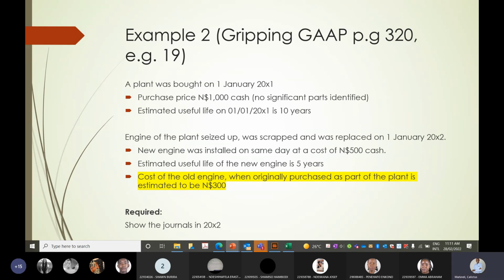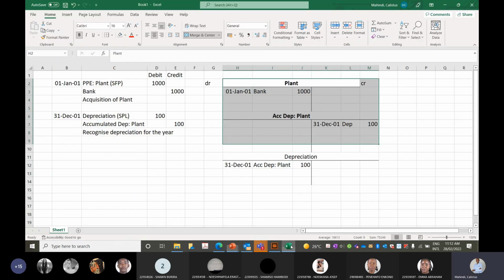You've given me the debit, you've given me the credit, but how will you know what amounts I allocate to the specific parts? No one. This is where the question came in, this question.